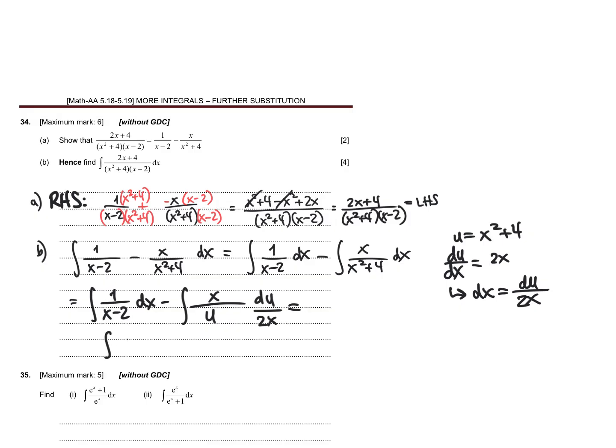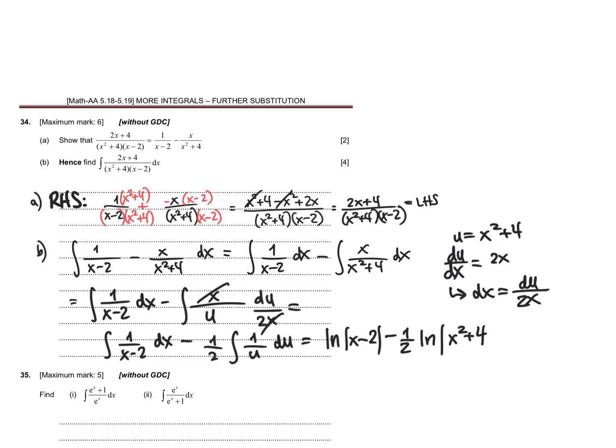So this is 1 over x minus 2, and then those will cancel. Have the 1/2 outside, 1 over u du. So the first thing is natural log of x minus 2. Then minus 1/2 natural log u, which is x squared plus 4, plus c.